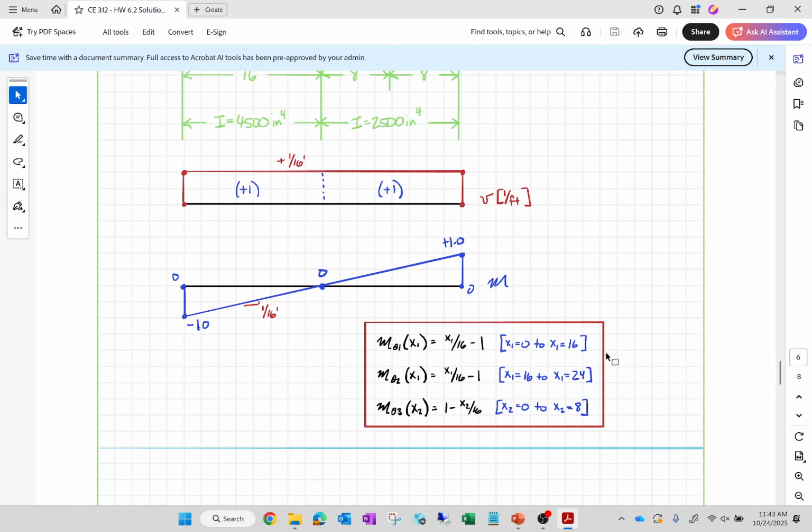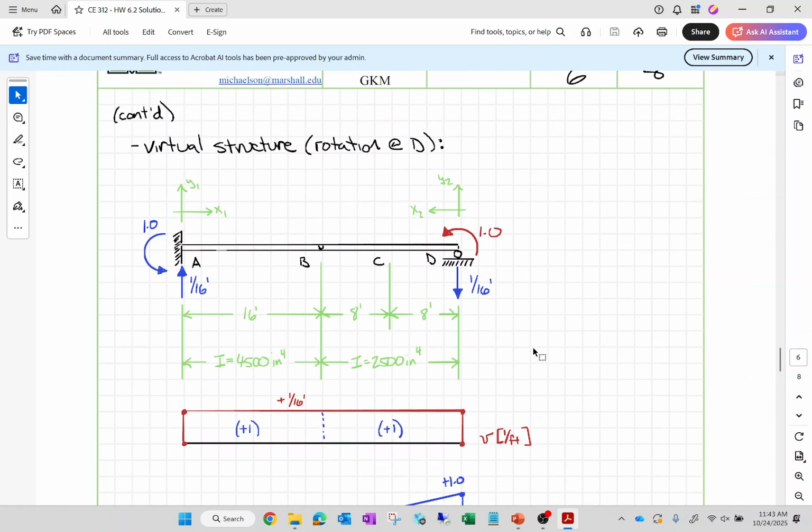But why is it different? Why did I take this equation and multiply it by negative 1 to get that? Simple answer: the coordinate system is flipped. So it's the same function, just written differently. The moment expression from here to here and the moment expression from here to here are the exact same, just flipped.